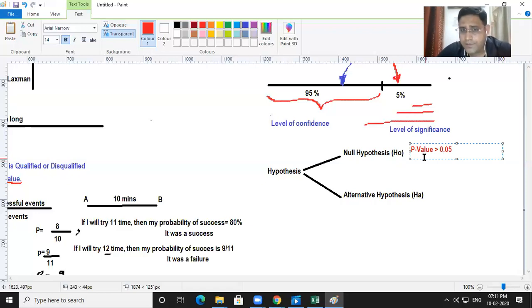When my p value is greater than 0.05, in that case H naught, which is my null hypothesis, is accepted.